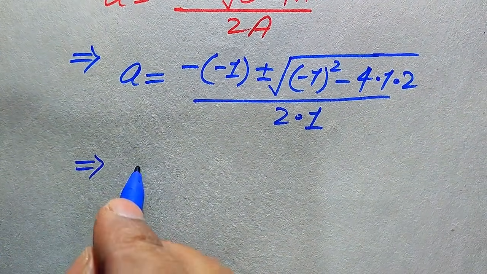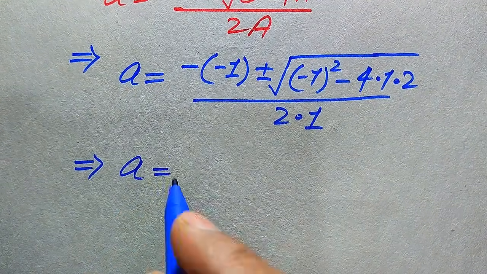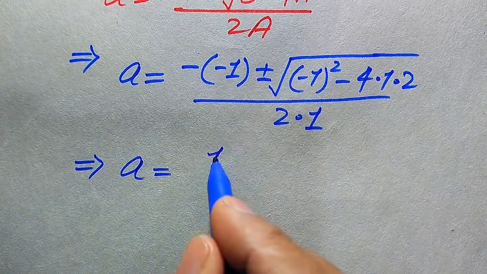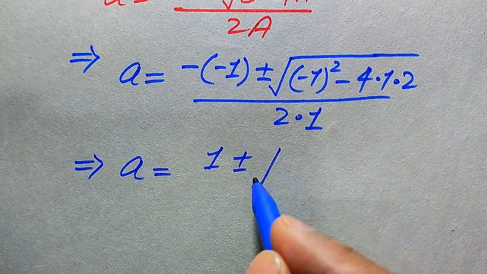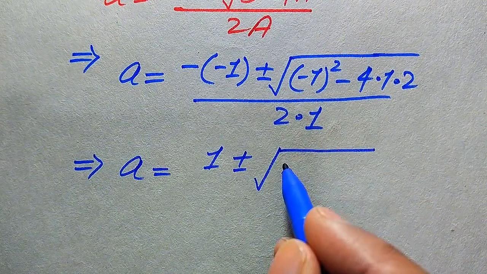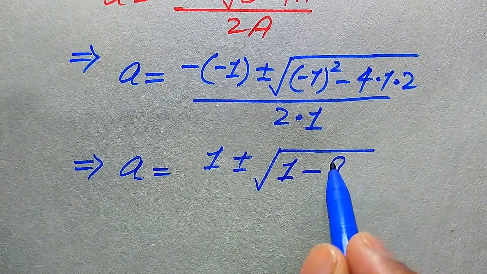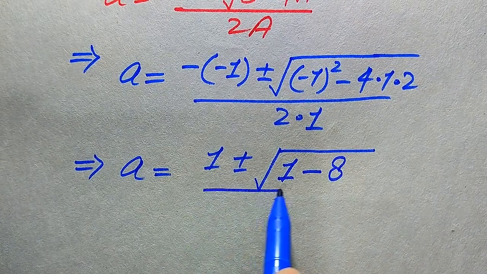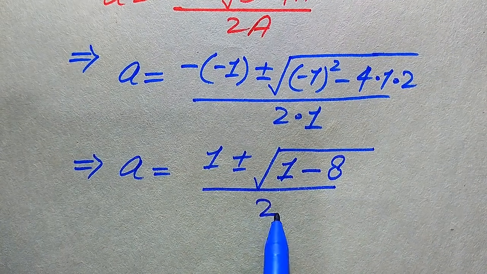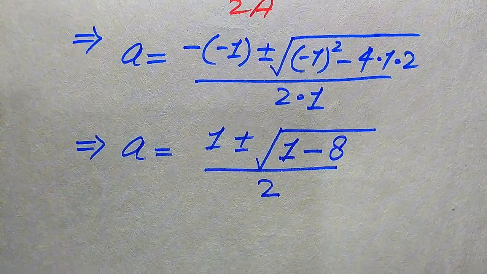Now in the next step we simplify: minus times minus becomes plus 1, plus minus square root of minus 1 square becomes plus 1, and minus 4 times 2 becomes 8, divided by 2 times 1 which is 2.